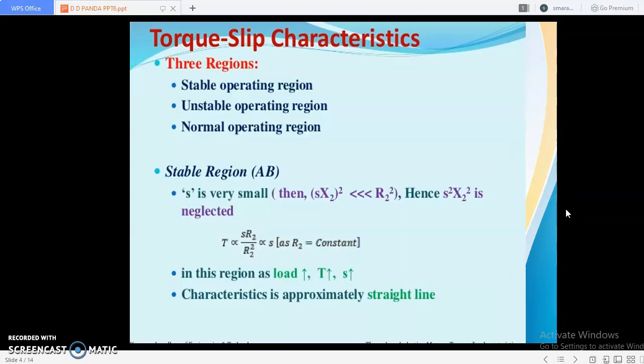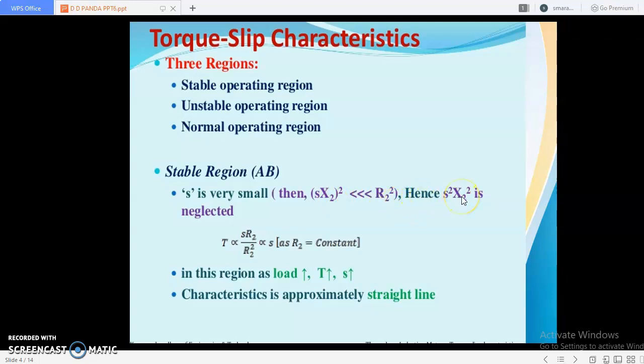Now we have already discussed there are three different regions. So what happens in the stable region? Here at the starting the slip value is very small, so s squared x2 squared is very much less than r2 squared.